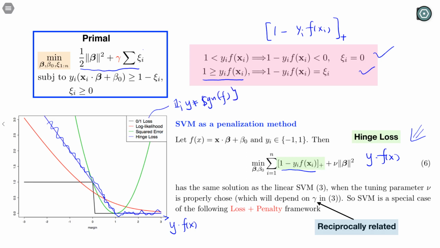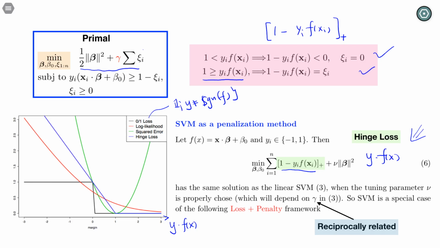That's the same as looking at the sign of the product y times f. If it's positive, no loss, flat. If it's negative, you get loss 1. So the black line is the ordinary 0-1 loss, and the log likelihood or squared error loss take different forms.